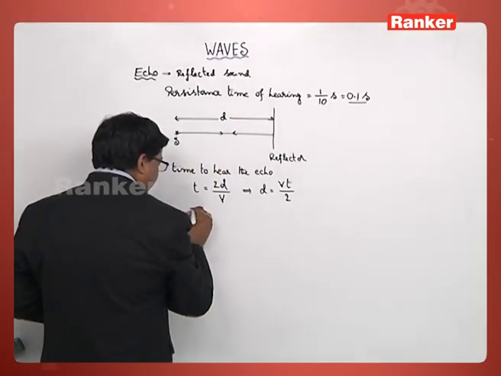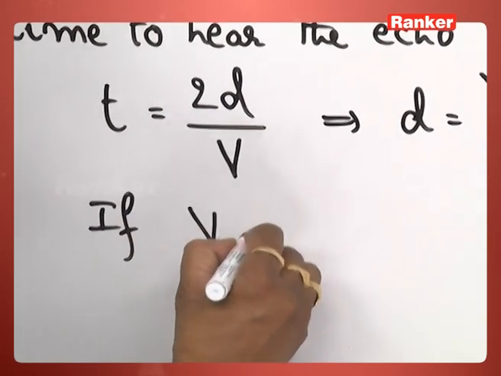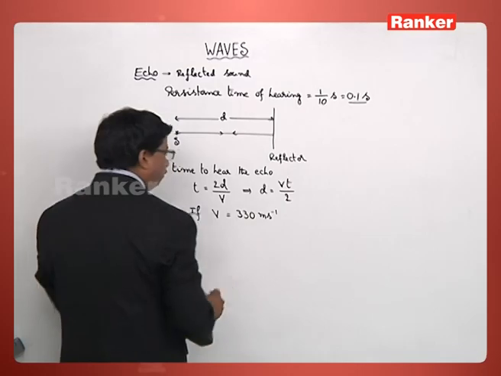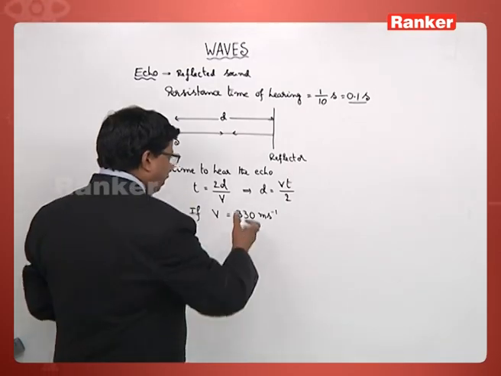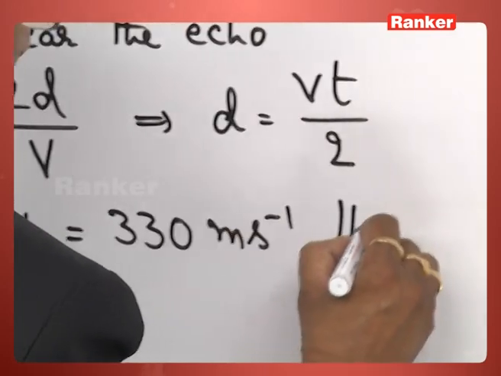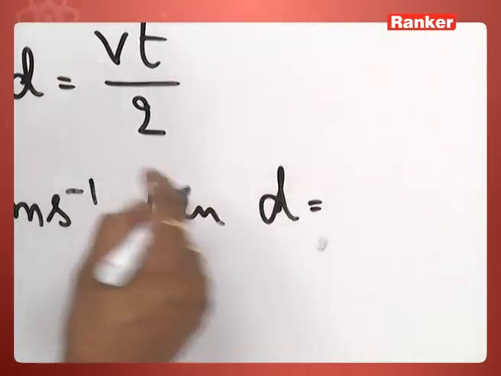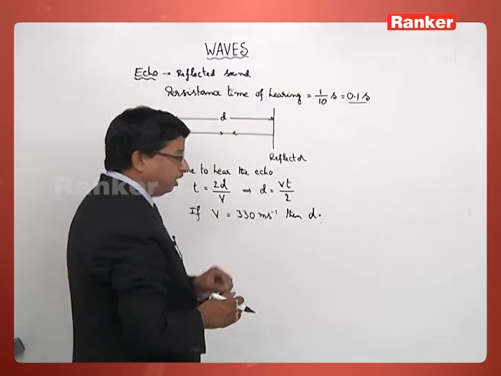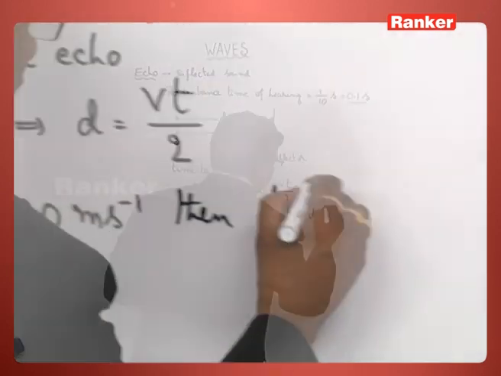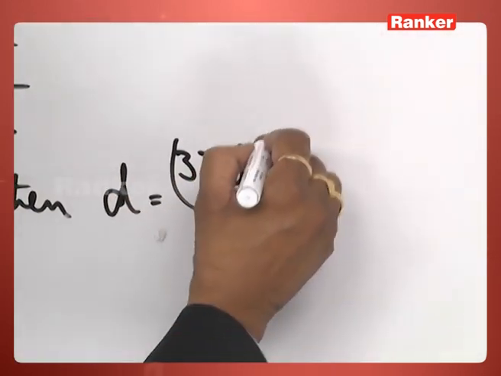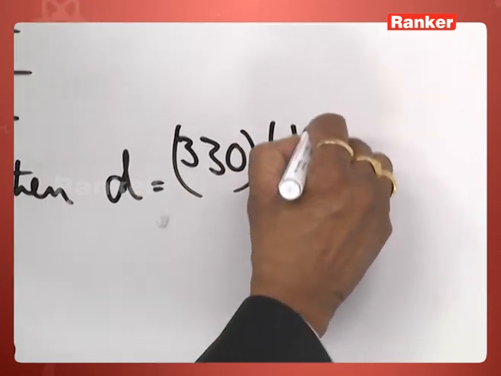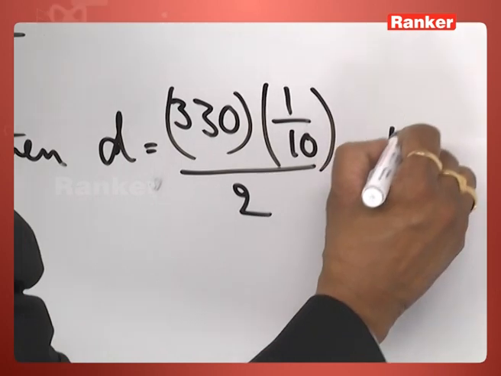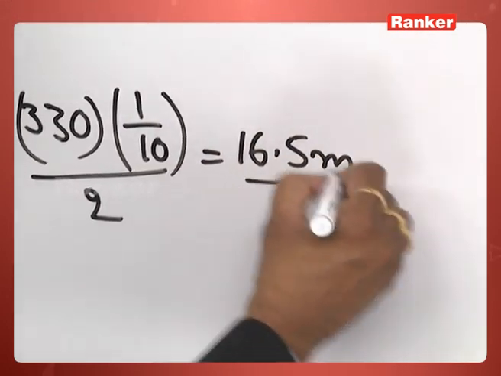If I consider the speed of sound in air as 330 meter per second at 0 degree centigrade, then we can directly understand the minimum distance required between source and reflector for hearing a clear echo: d is equal to 330 into the persistence time of hearing, that is 1/10 of a second, whole divided by 2, which now becomes 16.5 meter.